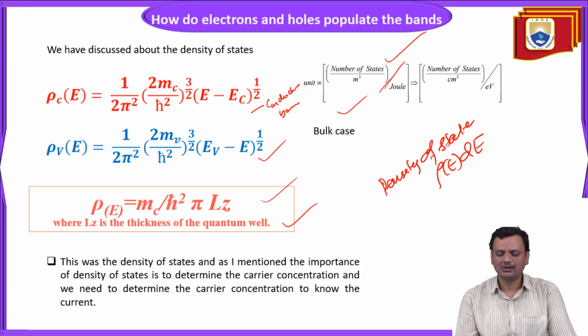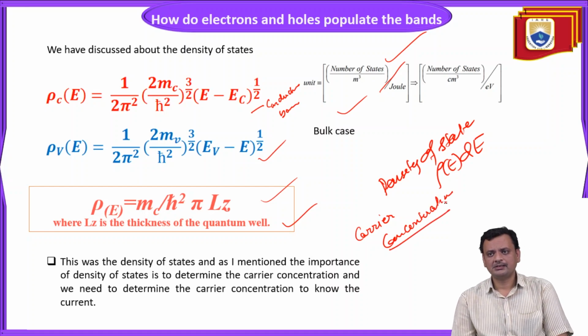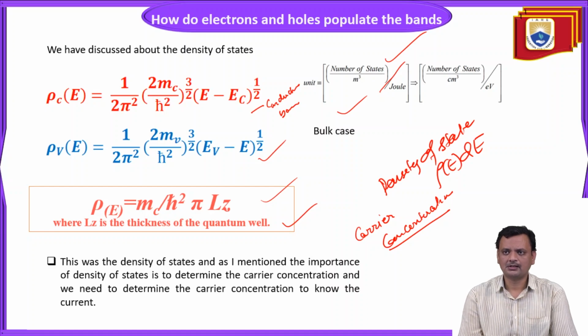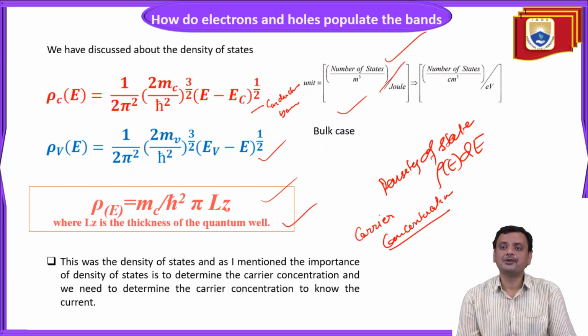The density of states is very important for determining the charge carrier density, or rather carrier concentration, meaning the number of available charge particles per unit volume of the given material.